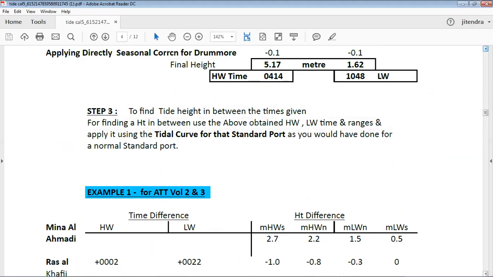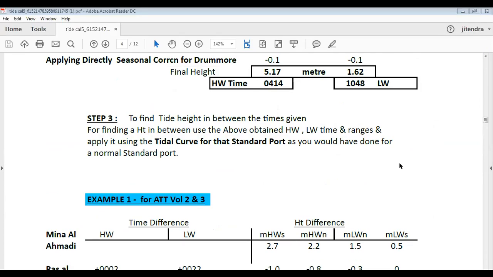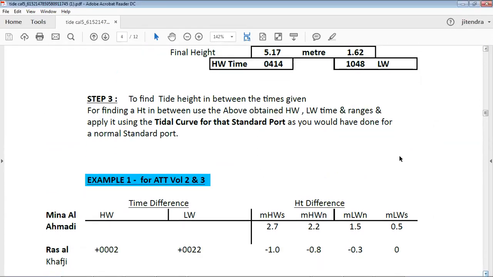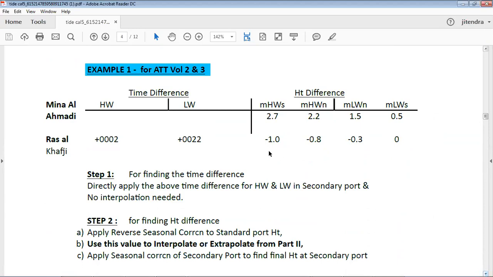You can take out the timings, and from ATT volume 2, we will get from the tables, part 3, the tidal differences: time difference and height difference. So now you can see that for Mina Al-Ahmadi, the time difference is not given and the height difference is given.